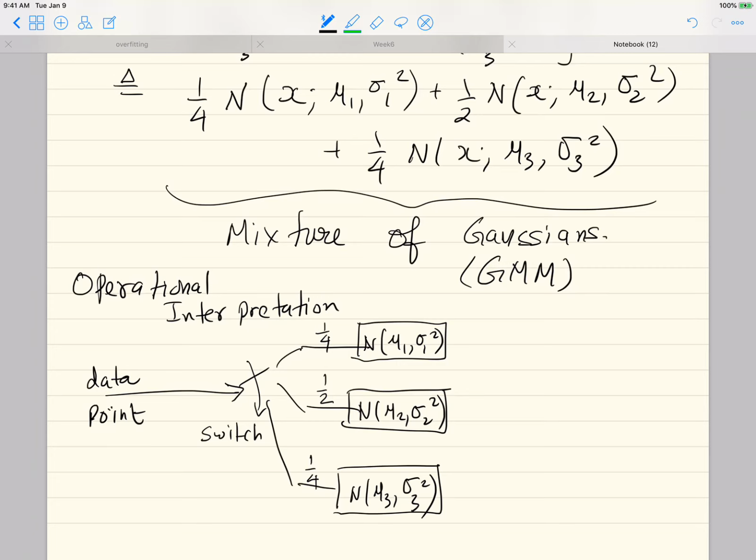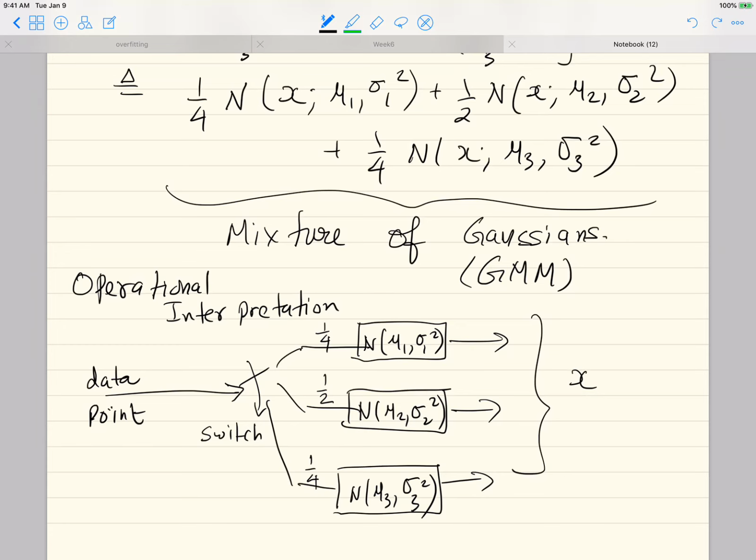Every time I want to sample a point, I don't know which Gaussian I will use. I will make a probabilistic choice. I will go to the first branch with probability 1/4, second branch with probability half, and the third branch with probability 1/4. And then I'm going to output, and this is how I get my data point x.